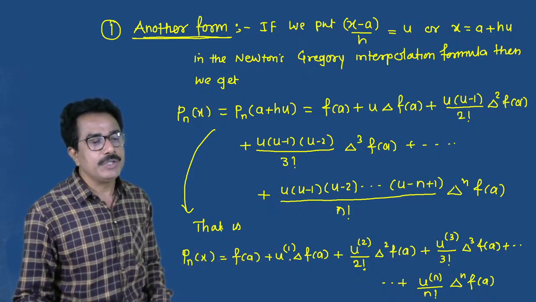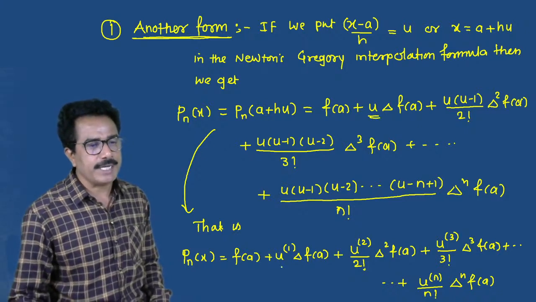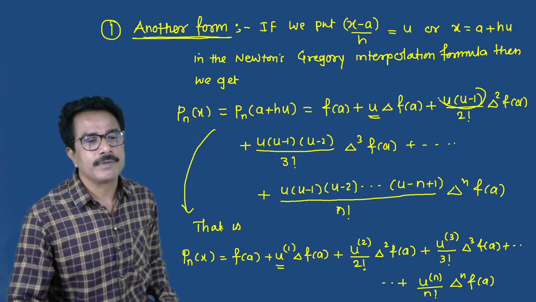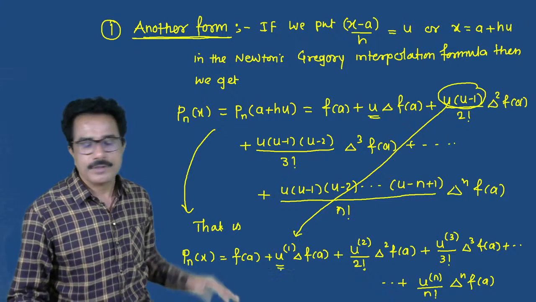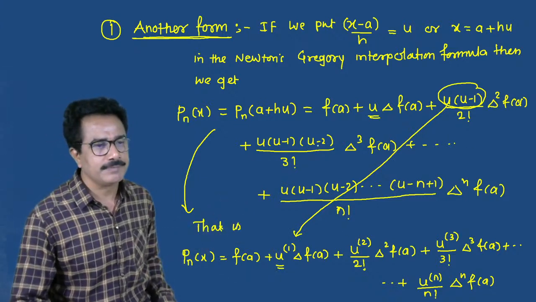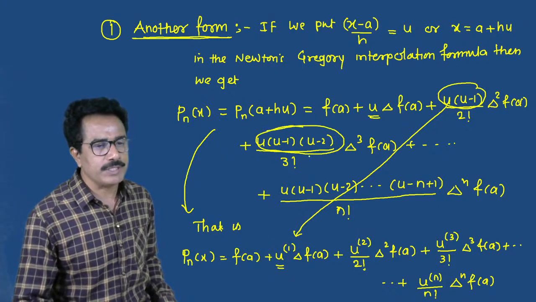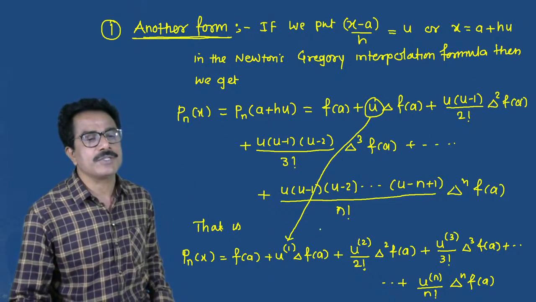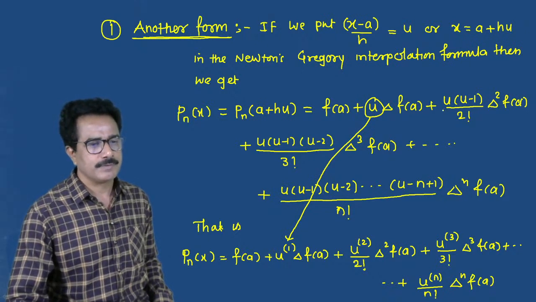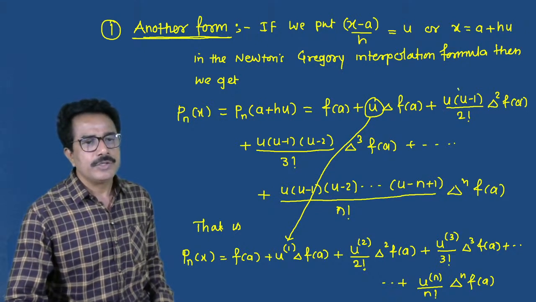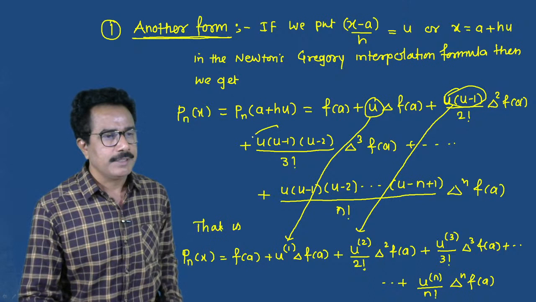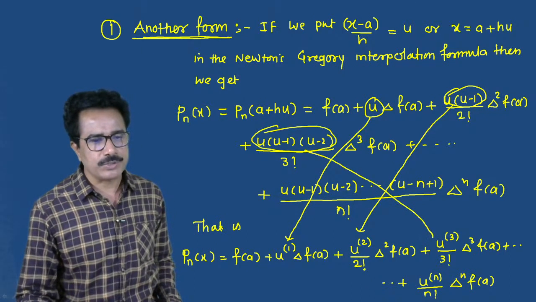F of a into this u can be written as u raised to 1 factorial. u into u minus 1 can be written as u raised to 2 factorial. u into u minus 1 into u minus 2 can be written as u raised to 3 factorial.